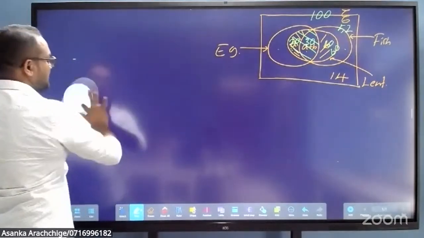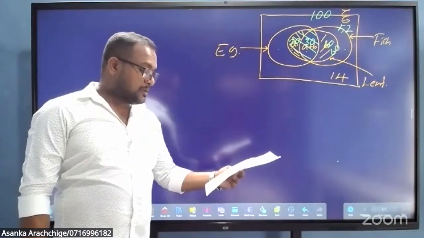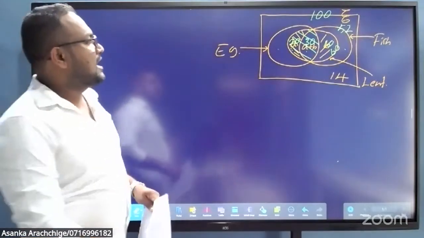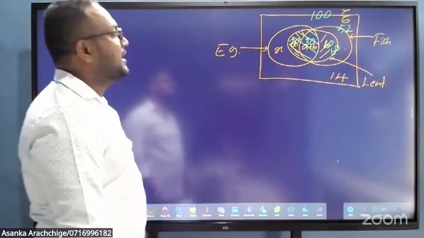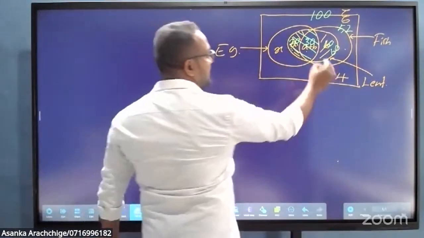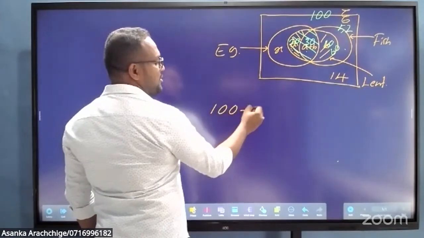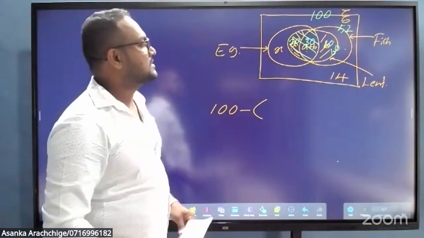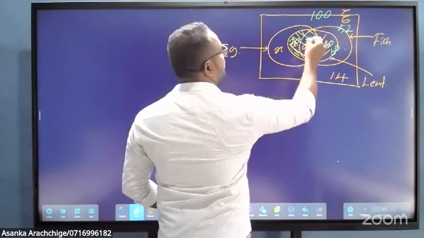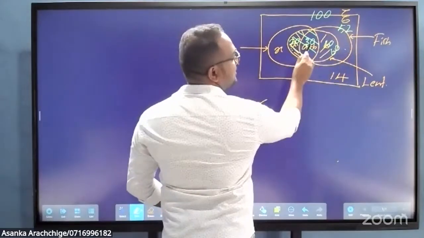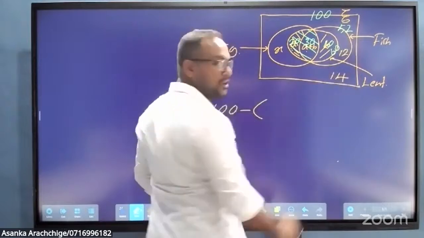Then the question: how many customers bought only eggs? Only eggs. You can write that is equal to, from 100 you have to subtract the sum of the others. Here 52 elements in this region, 30 plus 10 is 40, so there must be 12 here, no?